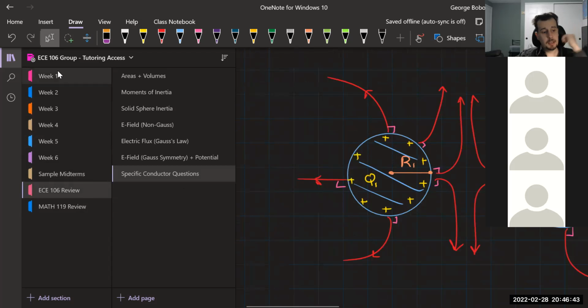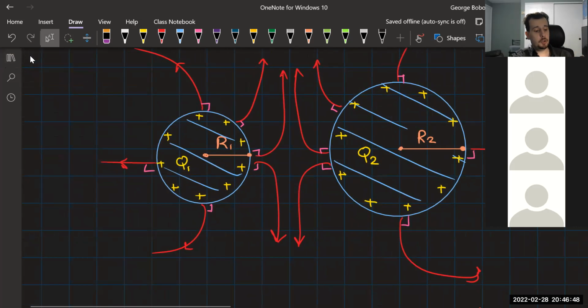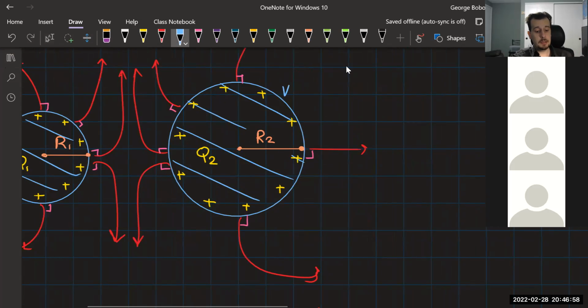I can call that potential V1, because it belongs to the first sphere. And it's the same principle for the other one. Its potential is V2, some other value, but V2, okay?